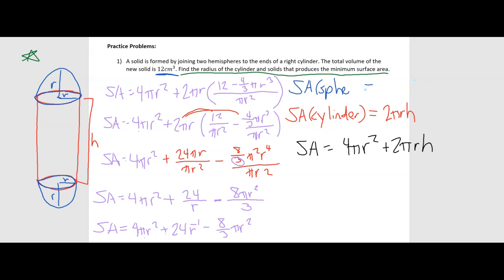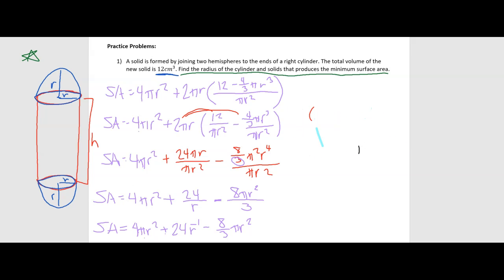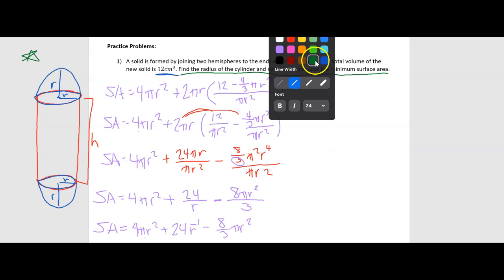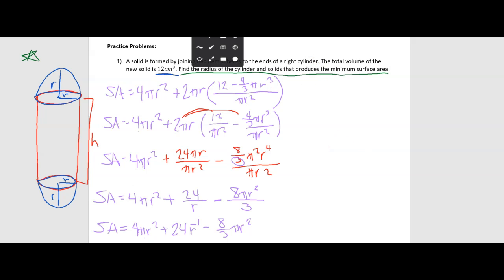Let's give ourselves some even more space. So I get the derivative of the surface area, or surface area prime, is equal to, and again, I'm taking the derivative with respect to my radius.